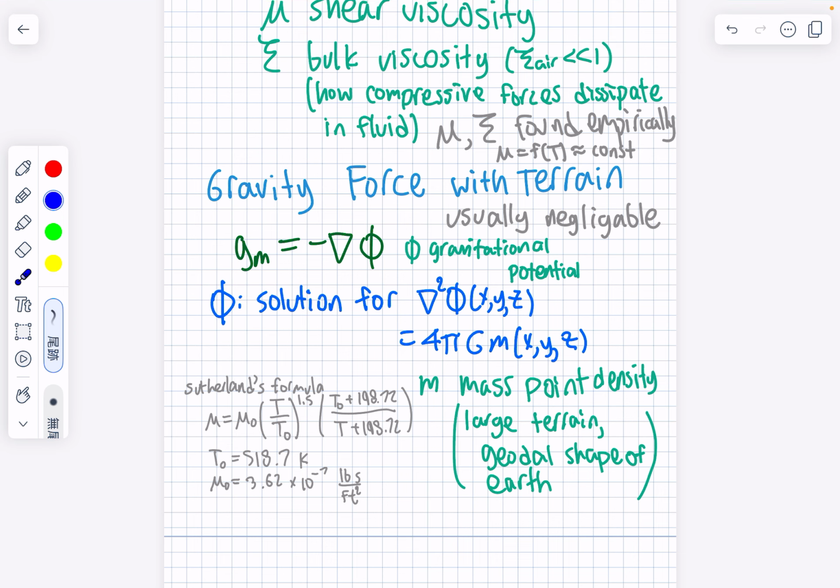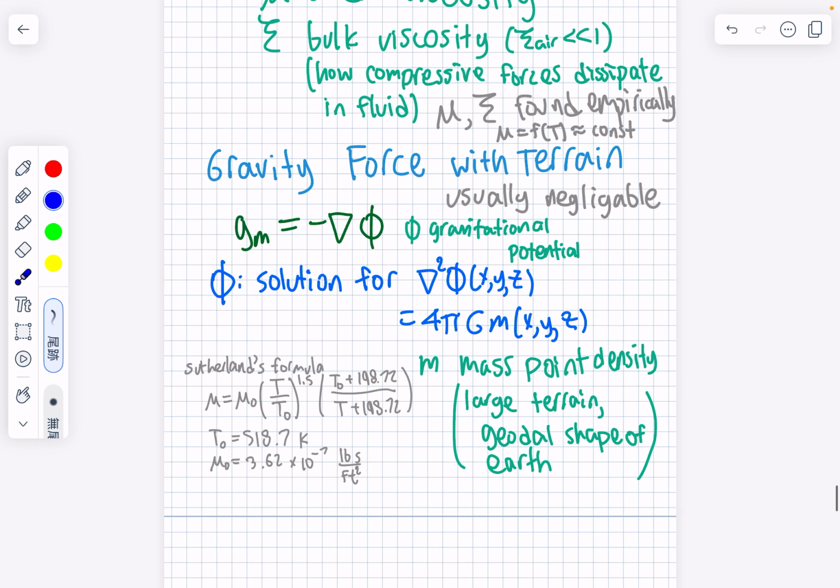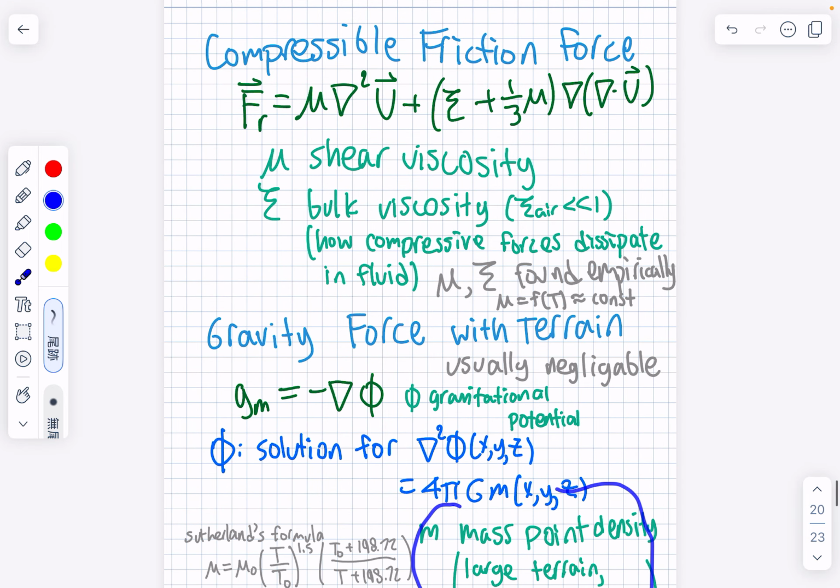So if you have this large mountain at the bottom of the ocean, this M would be really big, way bigger than normal, and that would give a very small increase when we solve this Laplacian, slightly increasing g. The Laplacian will likely get rid of most of the high number here, but it will be slightly higher gravity if there's more mass in a certain area.